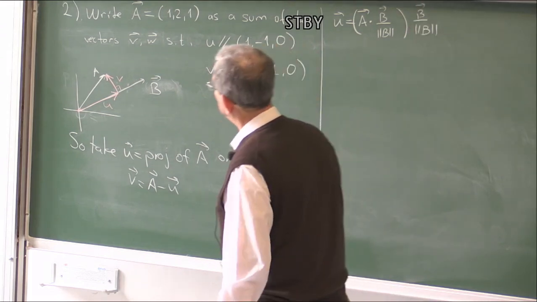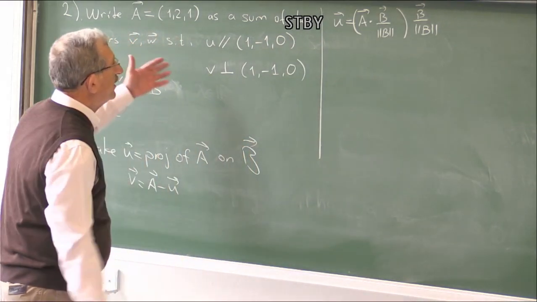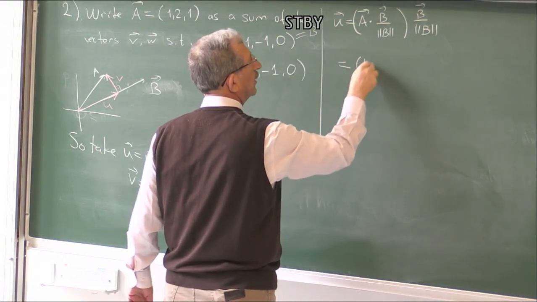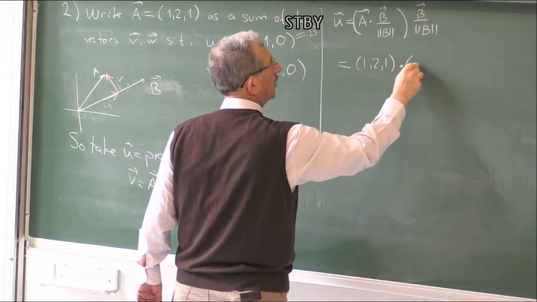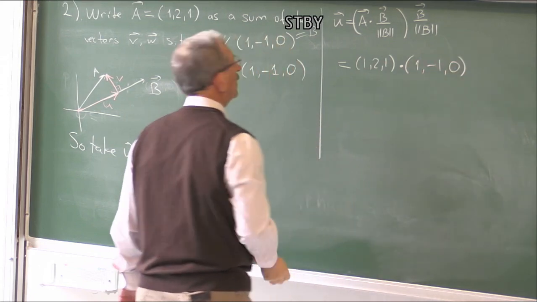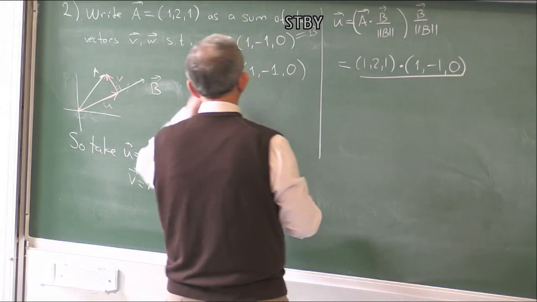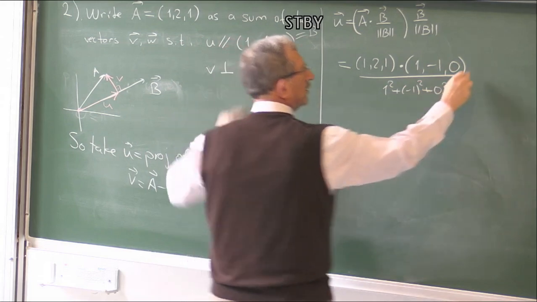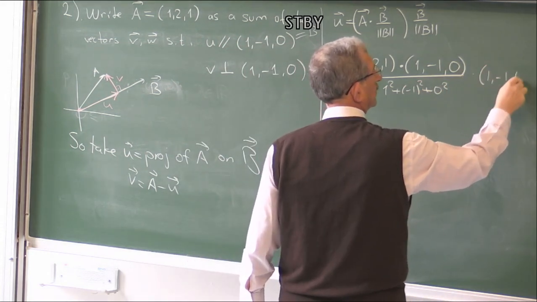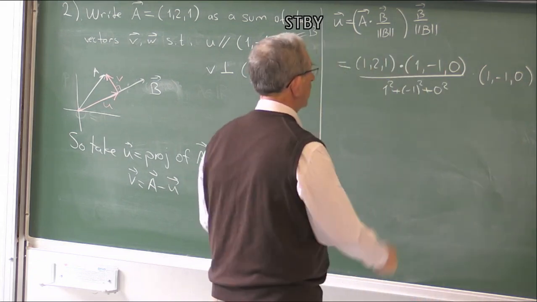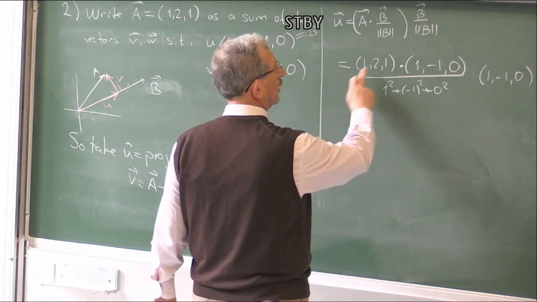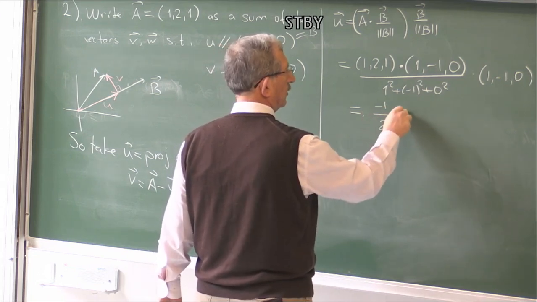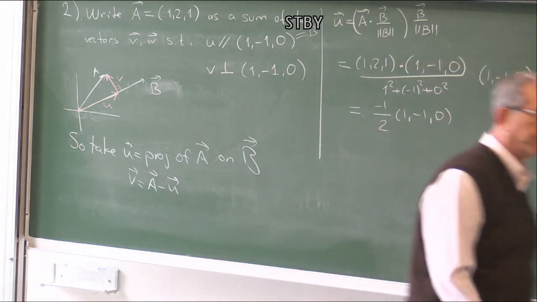My B here happens to be this one. So that is 1, 2, 1 dot 1, minus 1, 0, divided by the length squared, times 1, minus 1, 0, and this can be calculated. That would be 1 and minus 2, so that would be minus 1 divided by 2, times 1, minus 1, 0.